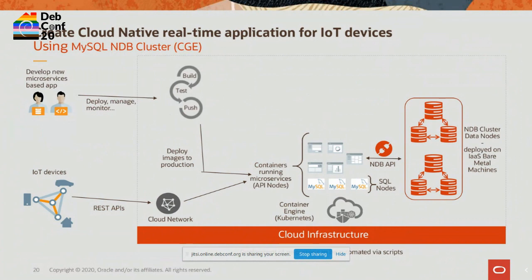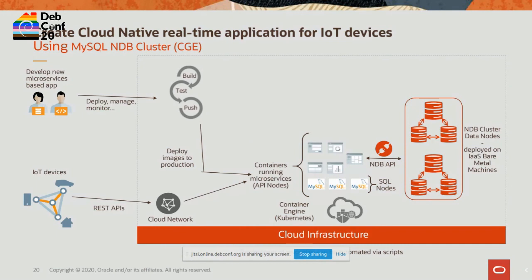So I can have IoT devices in mobile phones, like smartwatches, cars, in the house, like fridges, washing machines, and so on. And they could communicate with a cloud network somewhere.